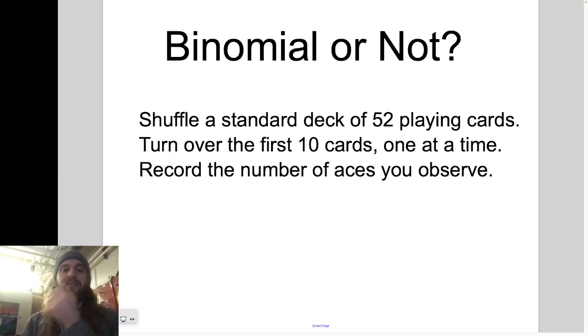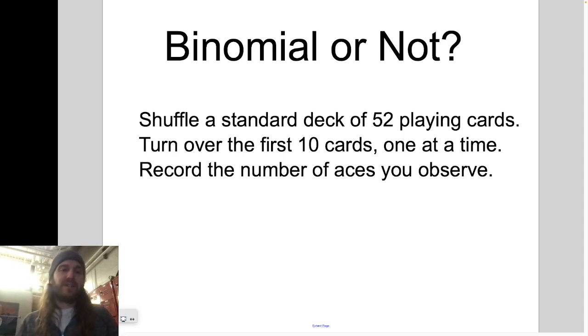Is each trial independent of the one previous? Now, let's think about this for a minute. Since we are turning over the first 10 cards of the deck and we're recording the number of aces, the trials are not independent, because you could draw an ace on the first card, and then the probability of getting an ace on the second card is now lower.